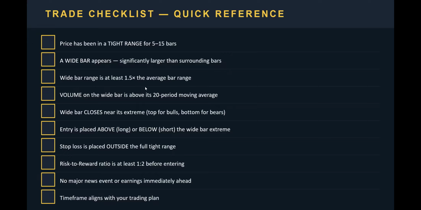Wide bar range is at least 1 to 5. These are all the things. I'm not going to tell again and again. You just take the screenshot before entering into anything. You put a checklist for everything. This is a quick reference table you can utilize, and you can take the screenshot, write it down and put a checklist for that.